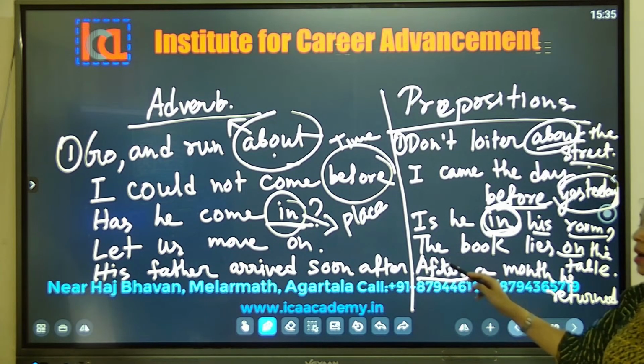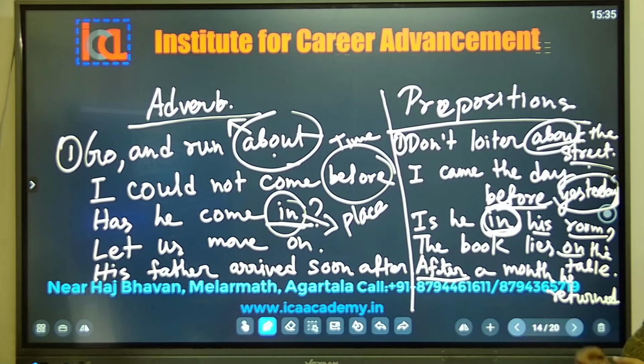Next is the book lies on the table. The book lies on the table. We said that on is a preposition. Now you explain why on is a preposition here. Three I have explained why it will be a preposition. Yes, you are going right.